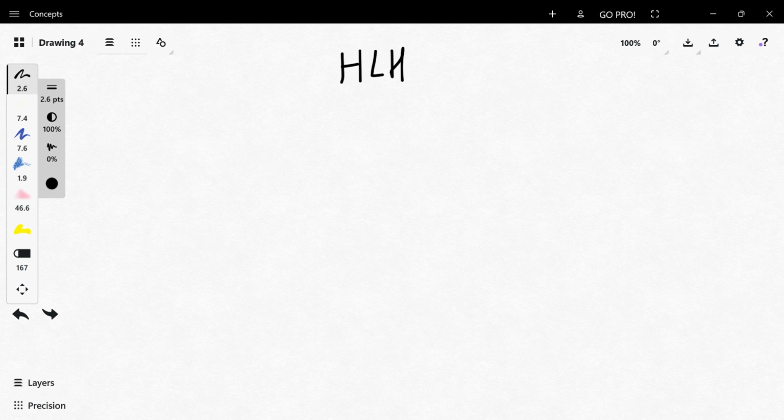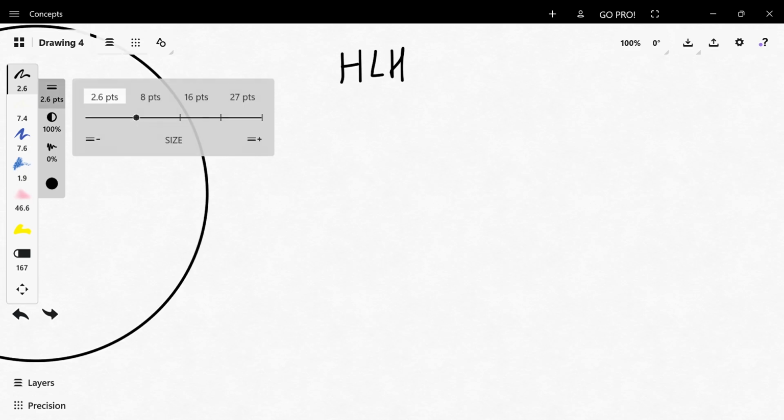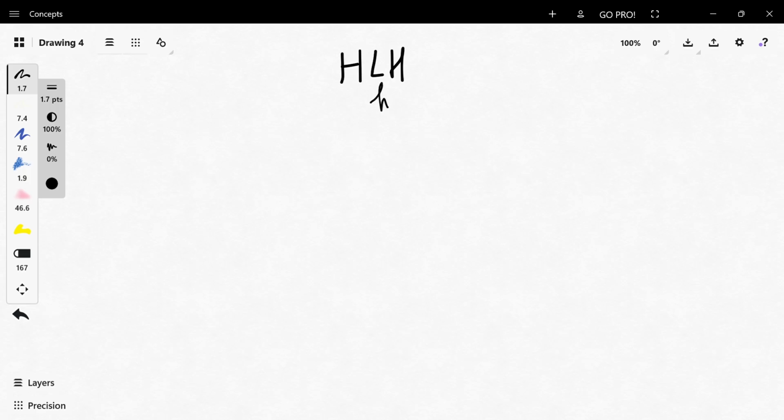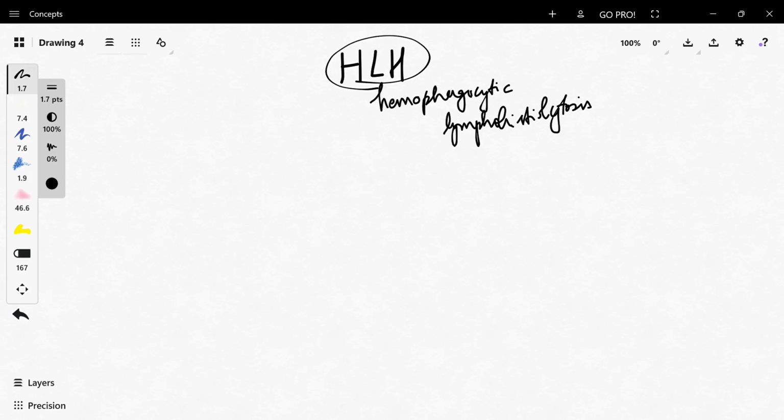Good evening, everyone. Today we're going to be talking about HLH, which stands for Hemophagocytic lymphohistiocytosis. So, this disease entity is one of uncontrolled immune activation.